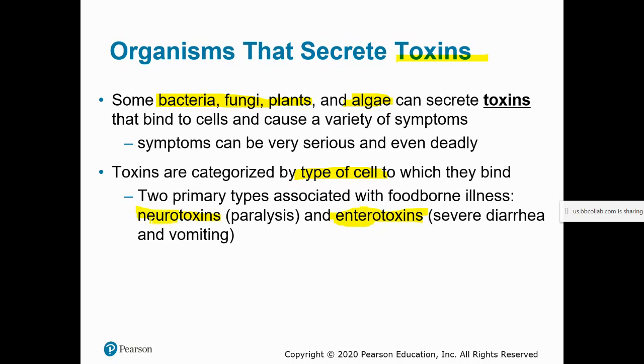Just look at the first part of those words: neuro, meaning neurological or the brain; entero, speaking of the gastrointestinal system, so the stomach and the rest of the GI tract. The common symptom of neurotoxins is paralysis, and the common symptoms of enterotoxins would be severe diarrhea and vomiting.